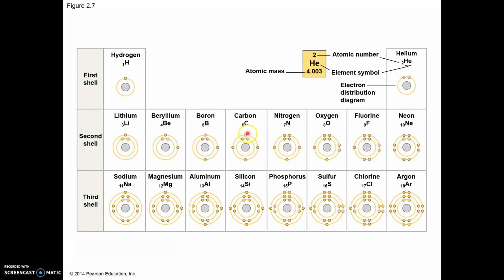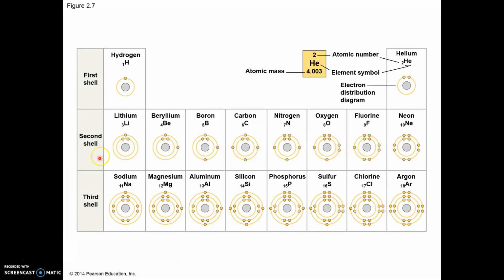Carbon has 4, so it could interact in 4 different ways, or it needs to gain or lose or share 4 more electrons to have a full shell. So it can do a multitude of different things. Fluorine has 7. It only needs to gain 1 more to have a full outer shell.